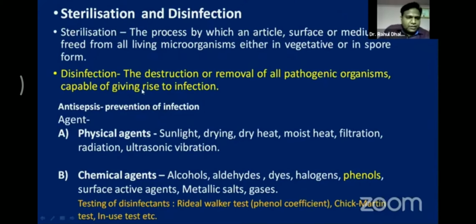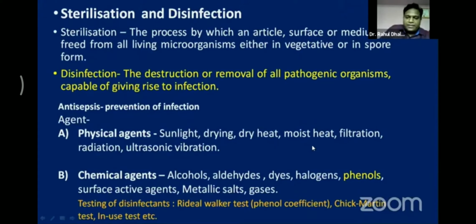Then in SAQ and LAQ, they will ask what is sterilization, and what are the physical agents or chemical agents. Physical agents, for example sunlight. Why sunlight? Because it has UV rays, which can kill the bacteria. Drying also kills the bacteria. Dry heat, that is flame, Bunsen flame or direct heating, can kill the bacteria. Then, very important, moist heat. By using steam or water, we can kill the bacteria.